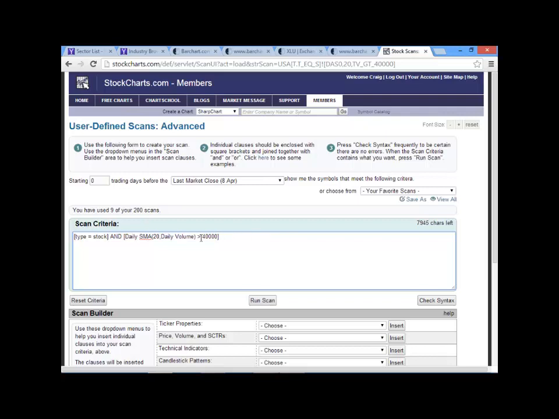Now it's actually looking at the volume, because that's what the volume stands for. So they're looking for a volume that's over 40,000. So you're really going to get a lot there, anything where the 20-day moving average of volume was over 40,000. So if you just run scan, it'll probably give you a lot.